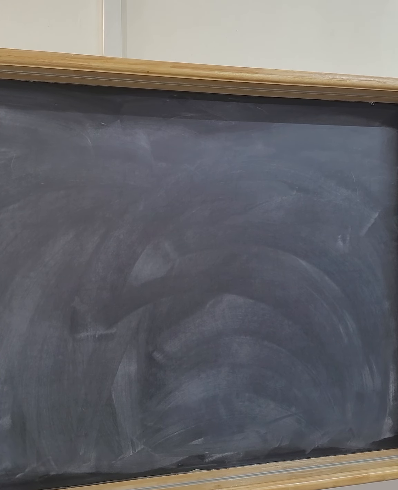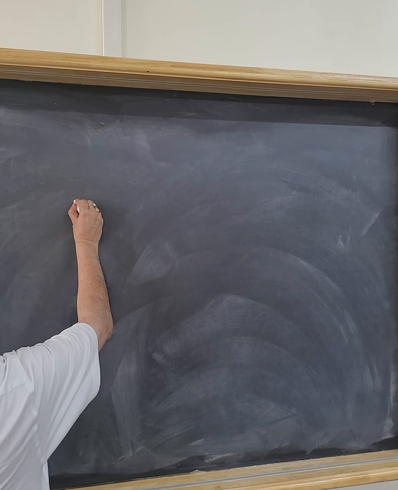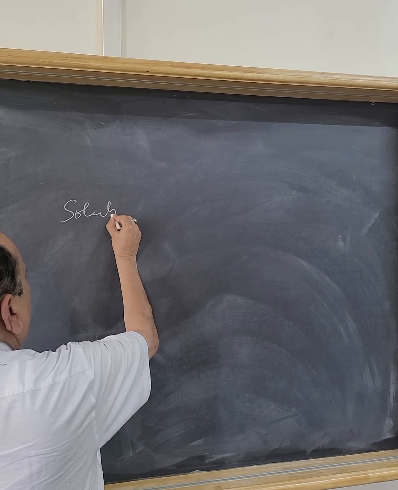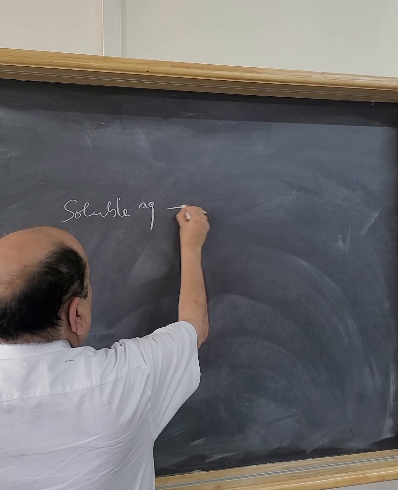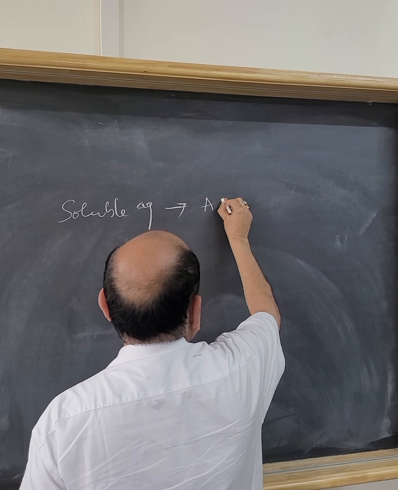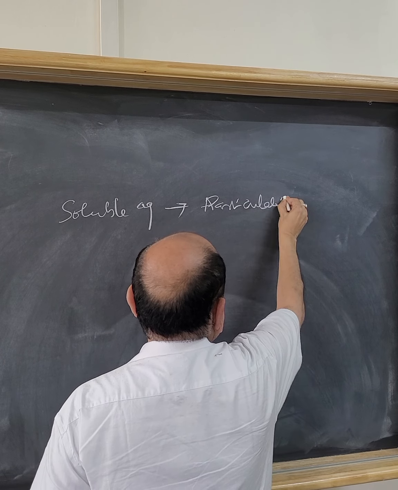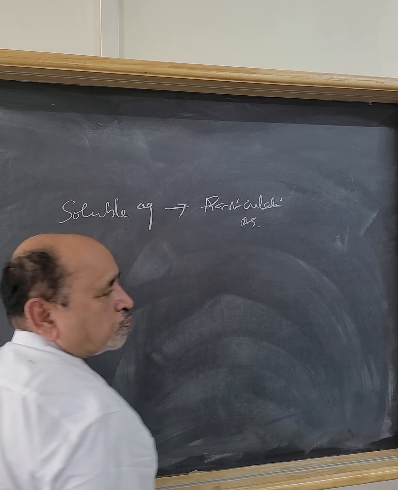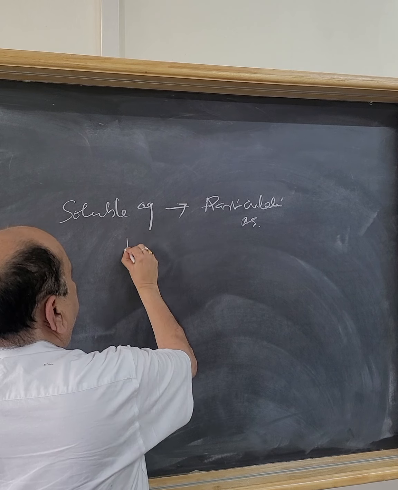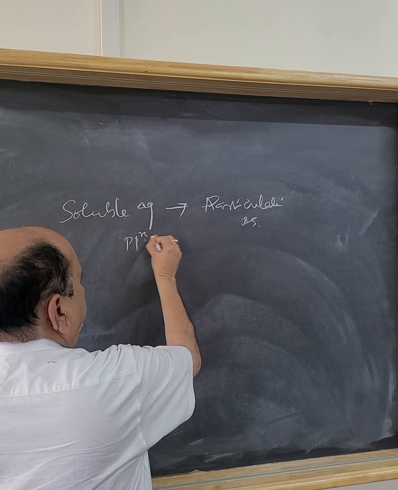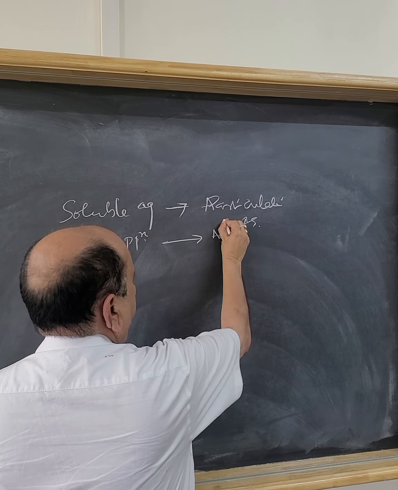Continuing agglutination test. So I said that when soluble antigen is converted into particulate antigen, the precipitation test becomes an agglutination test.